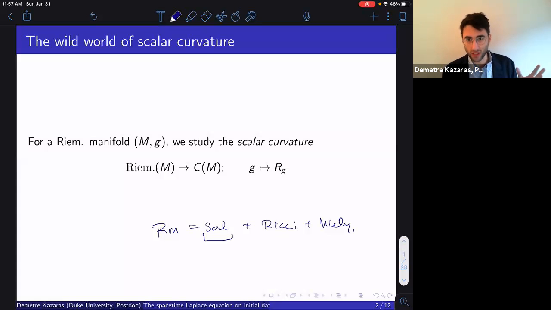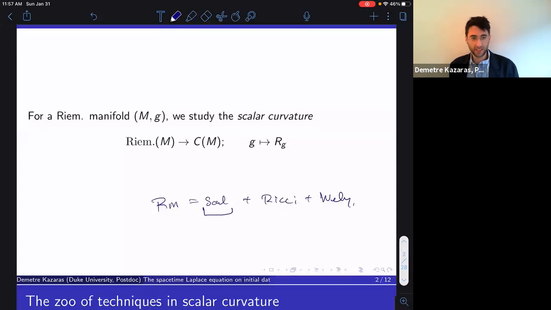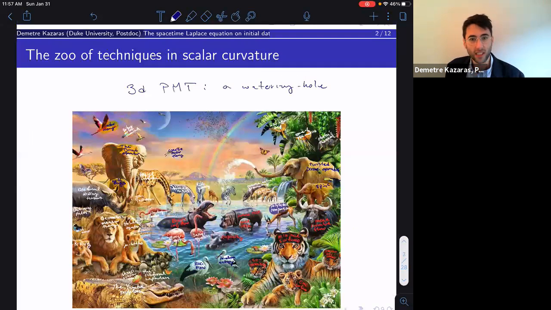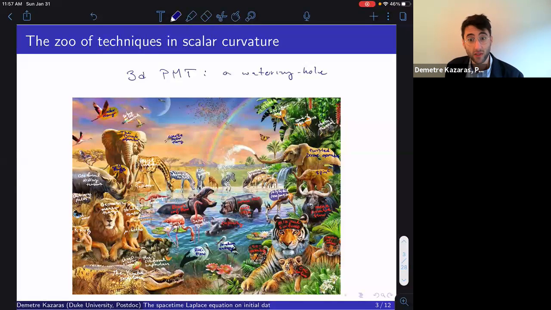Geometrically, metrically, topologically, what are the implications of knowing something about scalar curvature to the underlying manifold? There's a lot of interest in this, and it's a very interesting old problem. And by now there is a real zoo of techniques related to studying scalar curvature of Riemannian manifold.